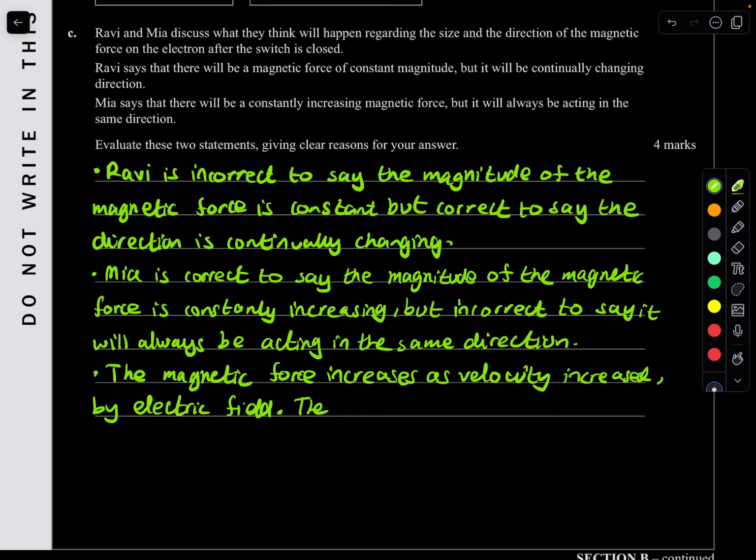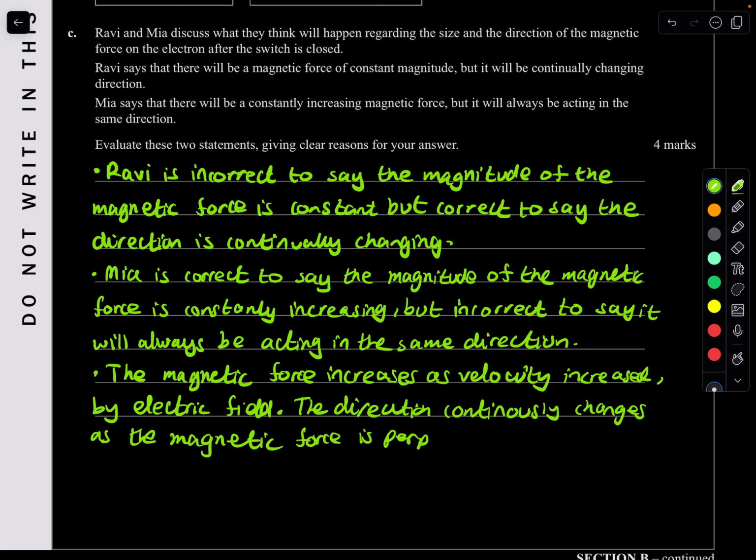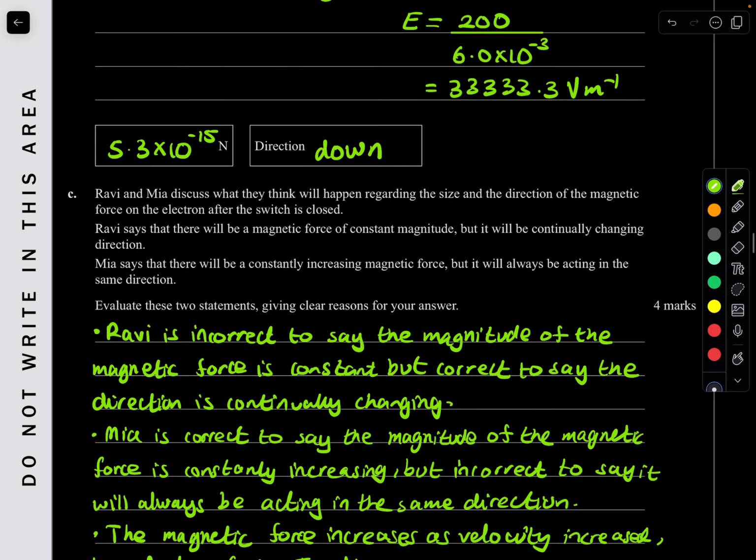Yep, so the direction, now what we're talking about, continuously changes as the magnetic force is perpendicular to the velocity. And that is it. Beautiful.